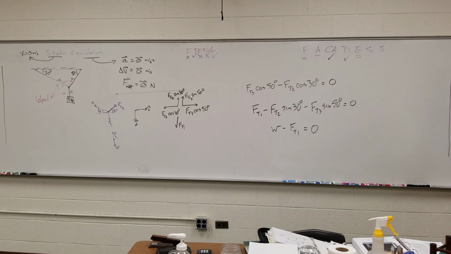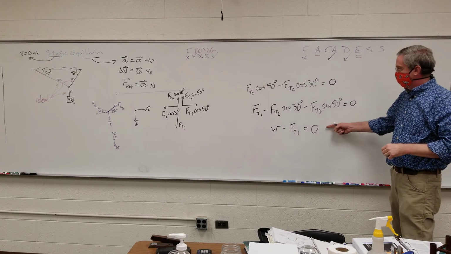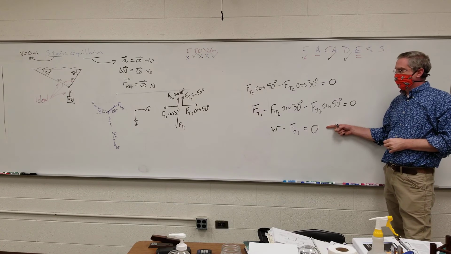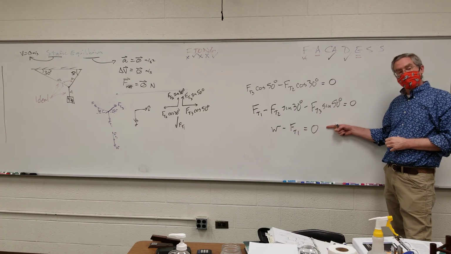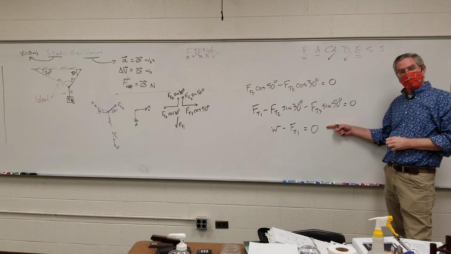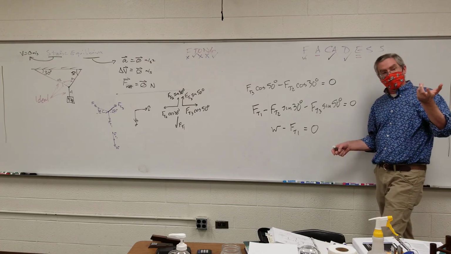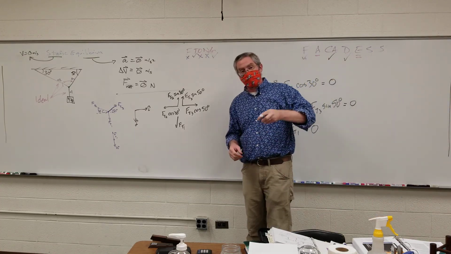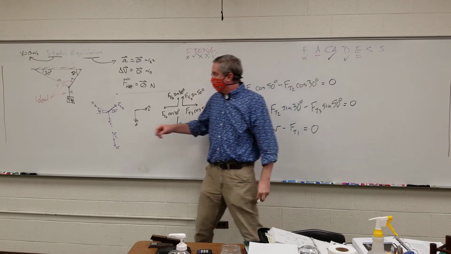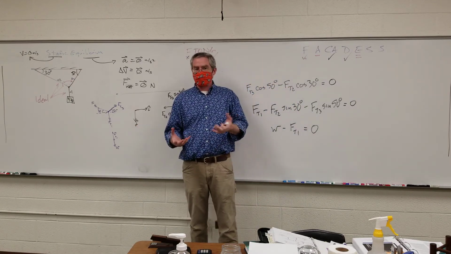All right, so we have three equations of motion. Yes? For the third one, wouldn't weight be negative, since it's going down, and FT1 being positive? Or does it not matter? You could have done that. You don't have to have the same convention for both objects, especially since there's no acceleration.